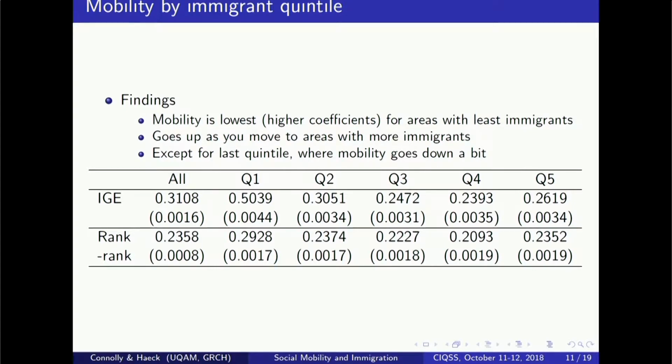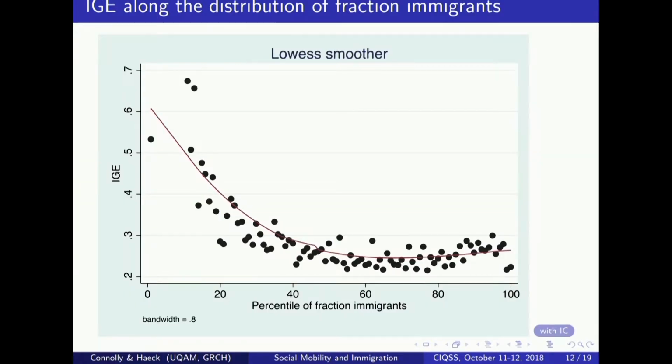So it seems like the areas with the fewest immigrants are the least mobile, and it goes down, and then a little bit more at the end. I was a little bit puzzled by this because I was expecting it to be monotonic. It's not the case. You can see the same information in another way. Here it's the same thing, but instead of splitting by quintile, we look at each percentile rank of the fraction immigrants.